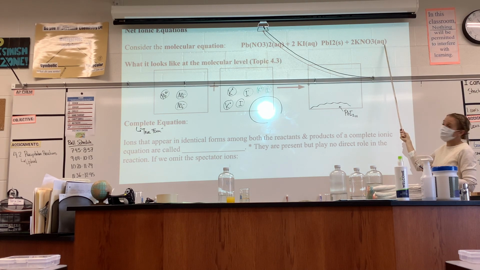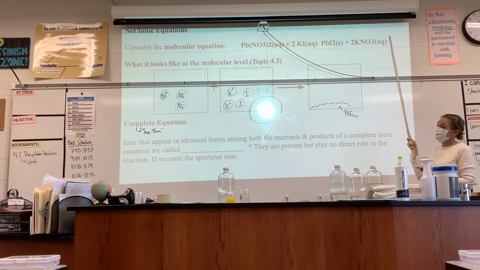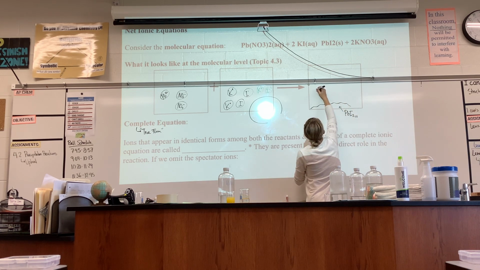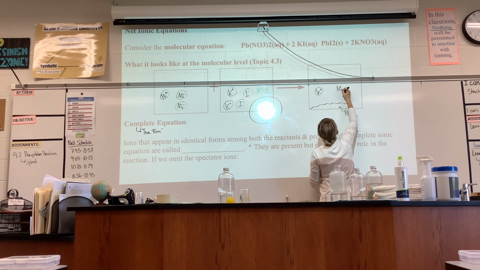What does this mean about my potassium nitrate? It's not solid, so it's dissolved, and are they together or apart? Apart. So we're going to have K plus and NO3 minus.